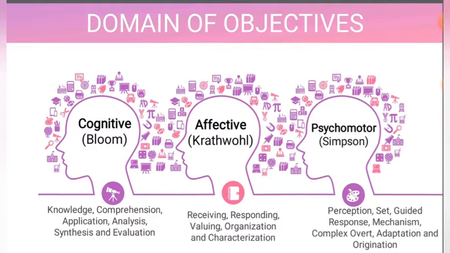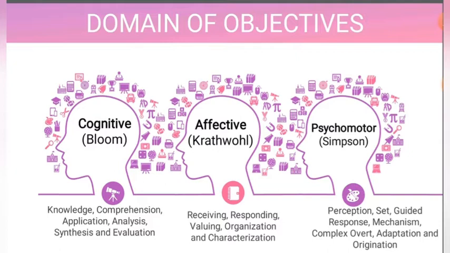Cognitive domain is the domain of thought processes that includes knowledge, comprehension, application, analysis, synthesis, and evaluation, while affective domain proposed by Krathwohl is domain of valuing and appreciating, and this includes receiving, responding, valuing, organization, and characterization.